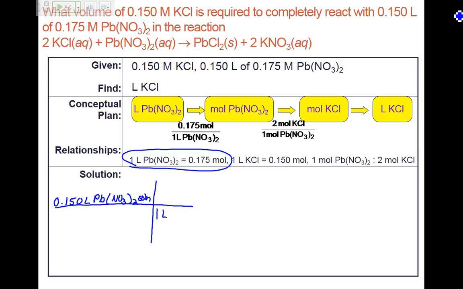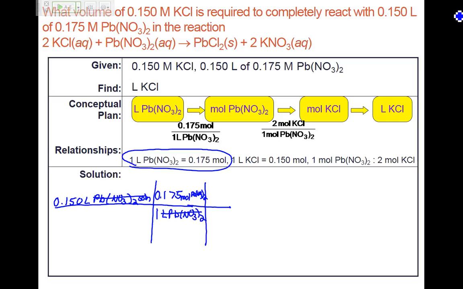My liters are going to go at the bottom so it cancels out. And remember, this relationship is only for this solution. And I got this relationship from my molarity. So this gives me the moles of Pb(NO3)2 that I have when I have 0.150 liters of that solution.